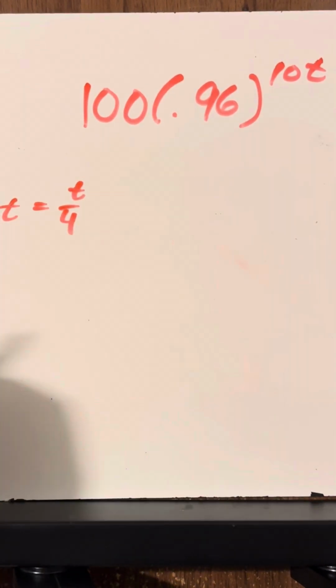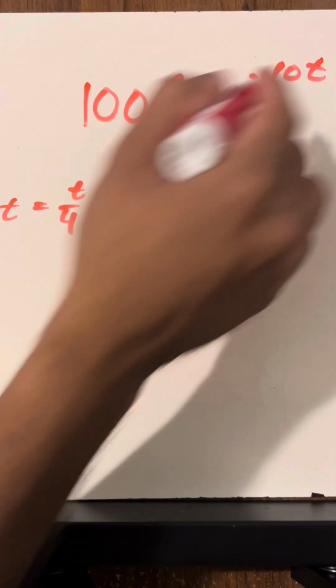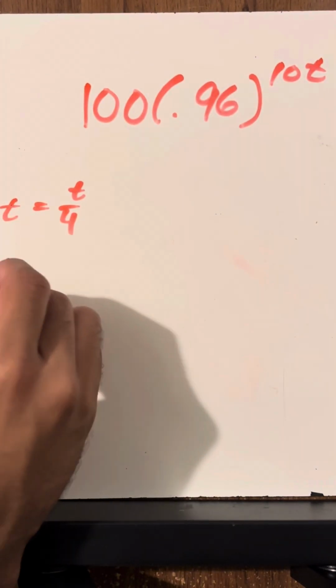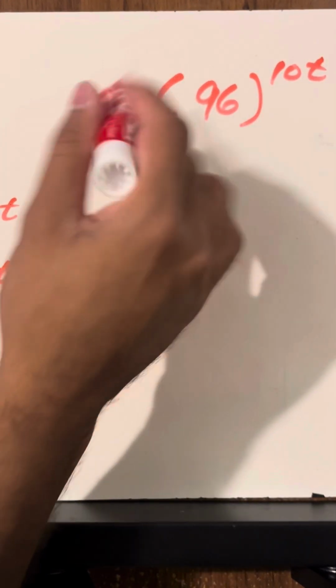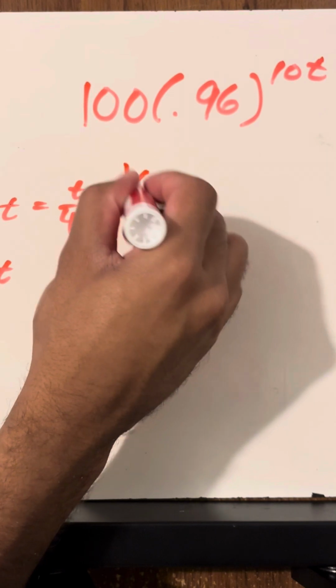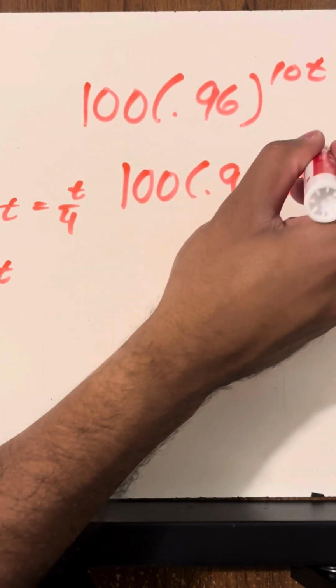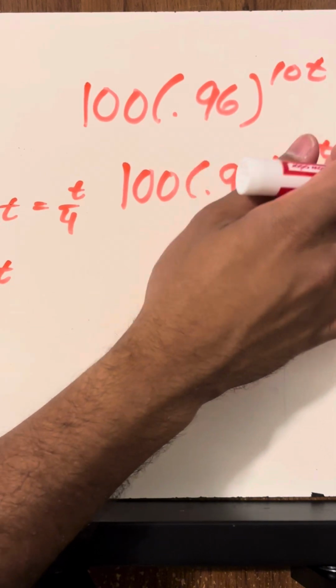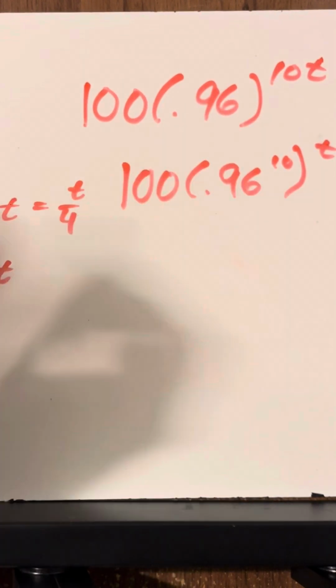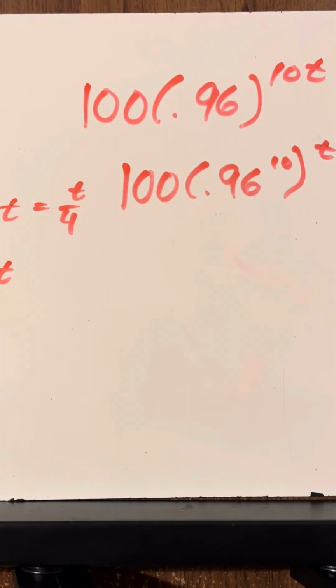That's how we were able to separate the last one. In this question, we see 10t, so this is the same thing as 10 times t, and we will be able to separate this question like that. So let's say 100 times 0.96 to the 10 to the t, because 10 times t is 10t. So now we need to figure out what is 0.96 to the 10.